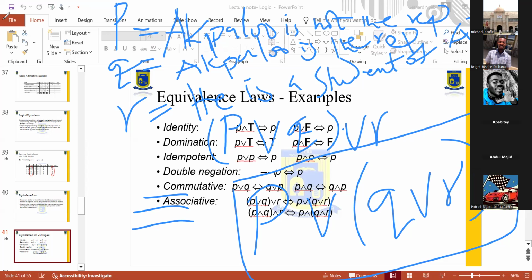You can also say the first one, so this one: Akpalu is not the rep, or Akpalu is the rep, or the student of ATU. It is not wrong. So the first one is: Akpalu is not the rep, or Akpalu is the rep, or Akpalu is a student of ATU.